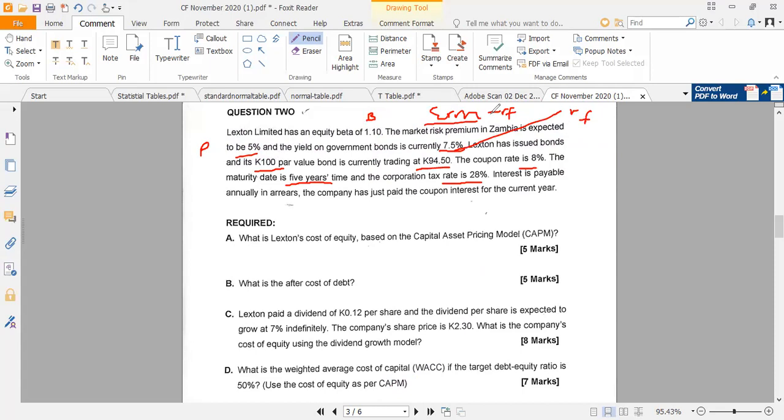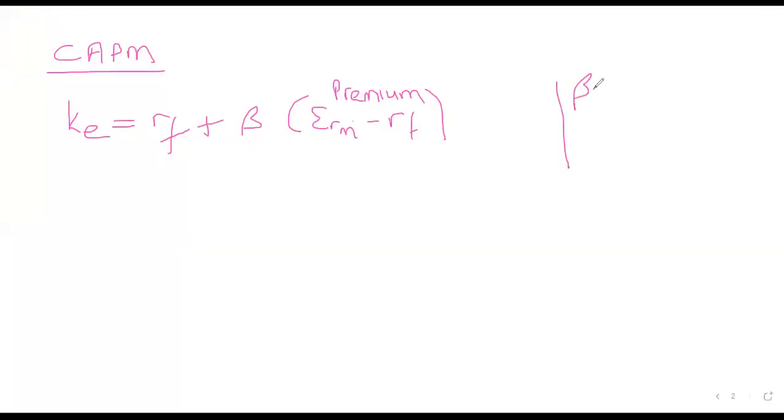So we have our beta as 1.1, risk-free rate as 7.5%, and our risk premium as 5%. Quickly calculate the cost of equity.